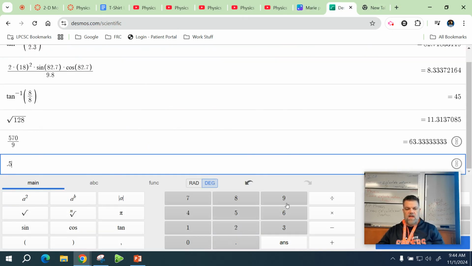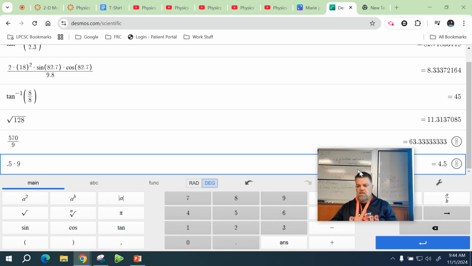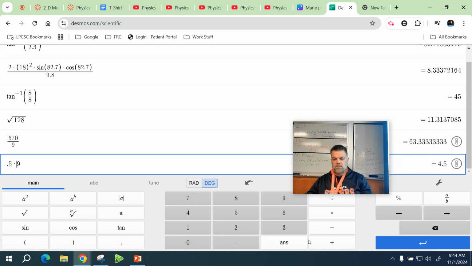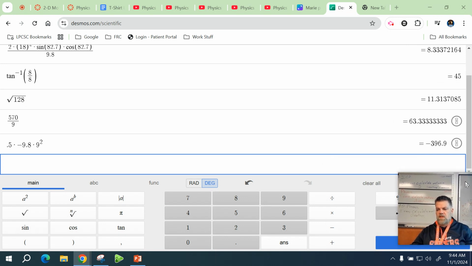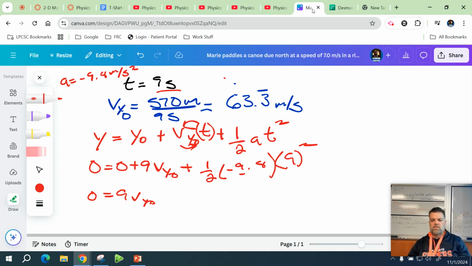If I say 0.5 times negative 9.8 times 9 squared, I get negative 396.9. I'm going to add this to both sides, because now I just got to solve algebraically.